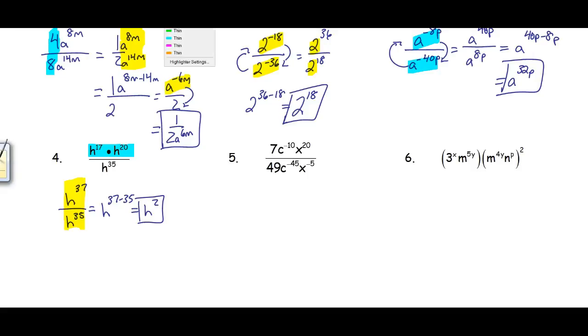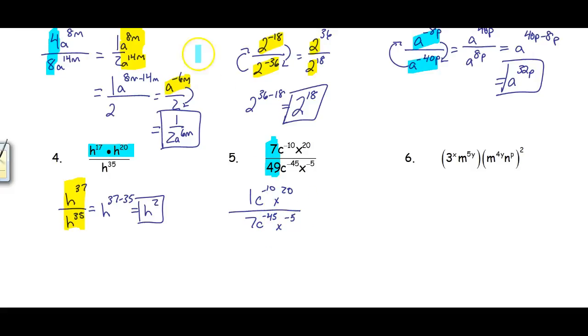Okay, number 5, I'm going to go ahead and simplify my fraction out front. 7 goes into 7 one time. 7 goes into 49 7 times, so 1 over 7 is simplified. And I'm just going to carry my variables with it.